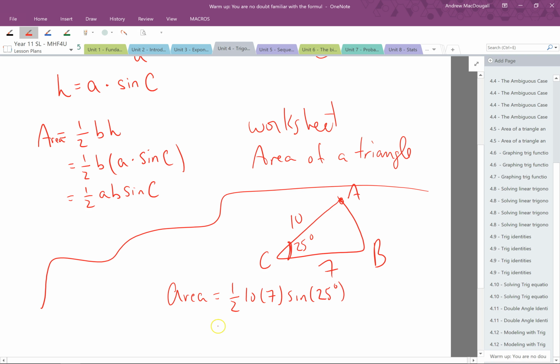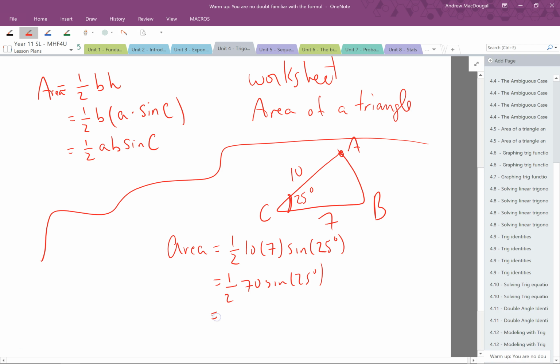So this will actually give you the area of this triangle. This is quite a bit easier than trying to calculate the base times the height. And if I plug this into my calculator, I will actually get, rounded to 3 sig figs, 14.8. This would be meters squared, say, if these were in meters.